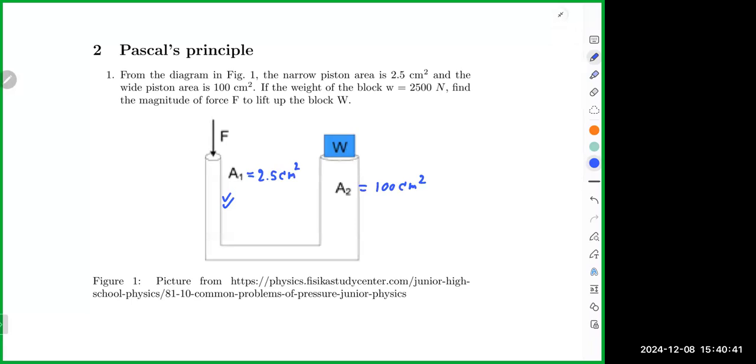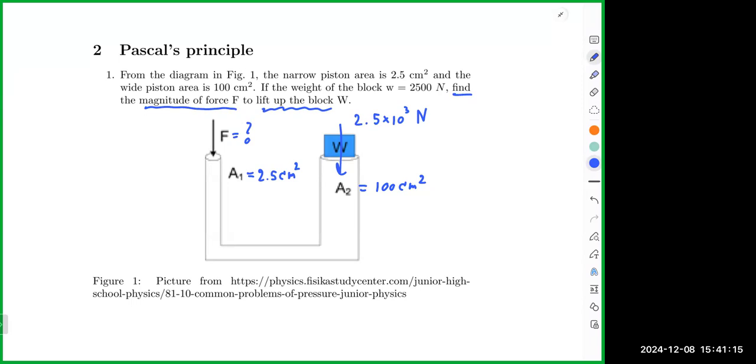There is a weight of 2.5 kilonewton. The question is to find the magnitude of the force F here to lift the block W. How much force to lift?